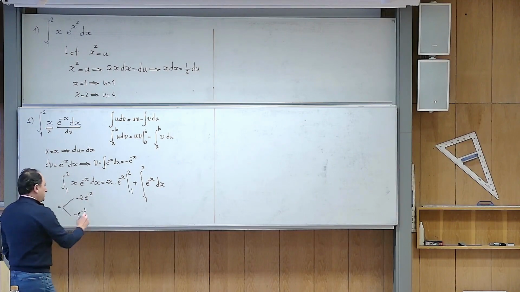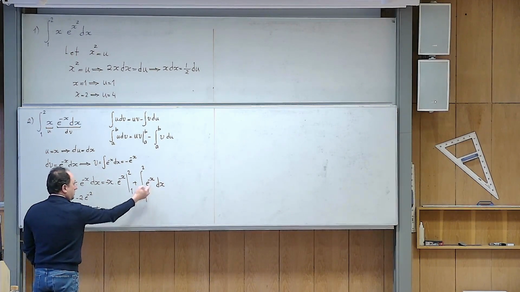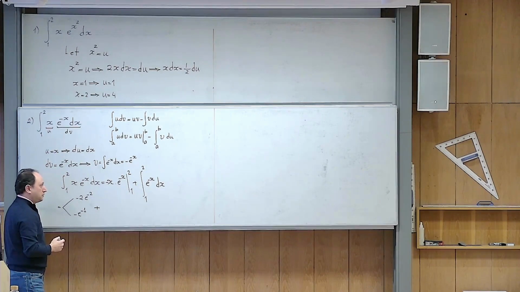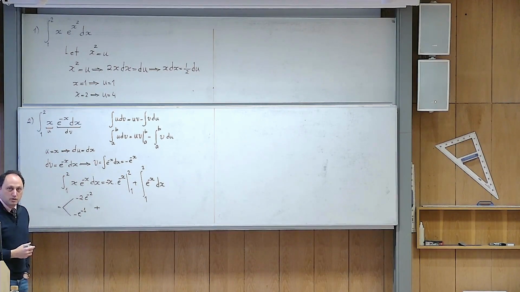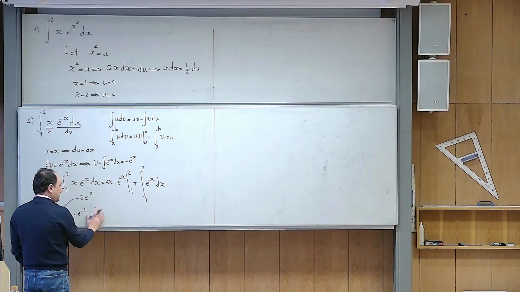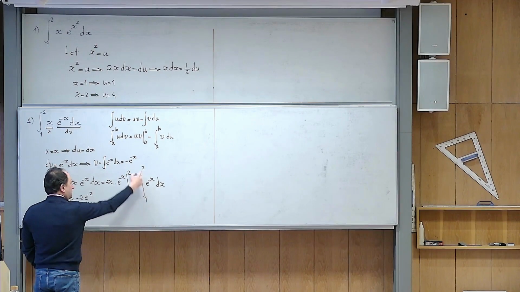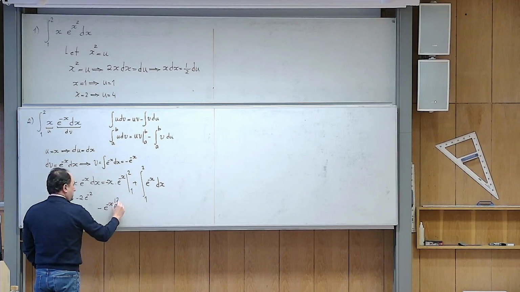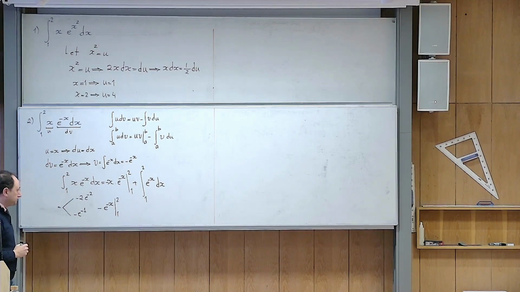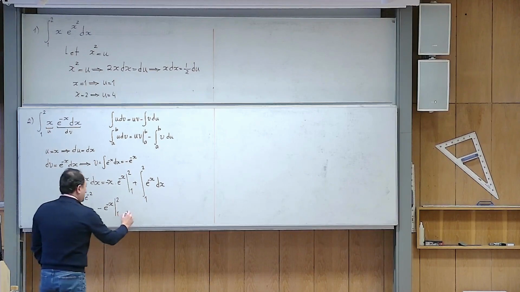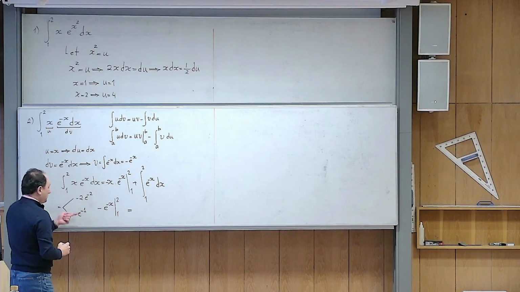And then plus: this integral is also simple to calculate. The primitive function for e to the power of minus x is minus e to the power of minus x. So again, this becomes negative e to the power of minus x, but still I have to calculate it from 1 to 2. Here I take this one minus that one.